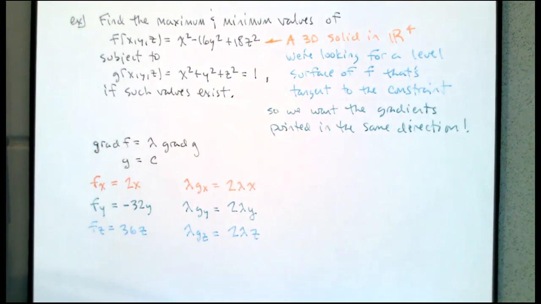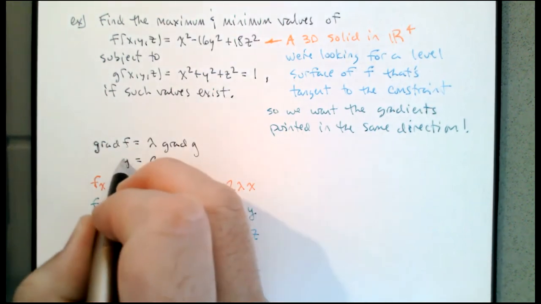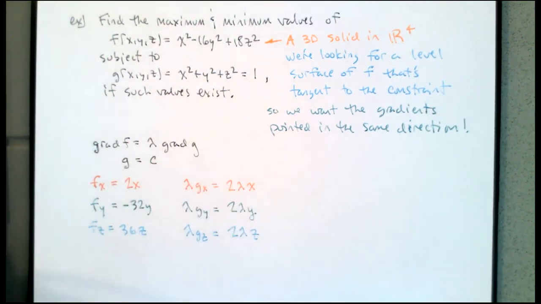Our three equations are going to come from our first derivatives, and our fourth equation will come from the constraint. So we're still looking at a system of 4 equations and 4 unknowns, just that 3 equations were summarized in that first vector equation.